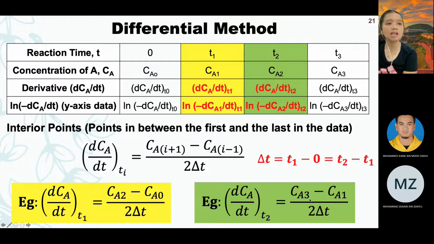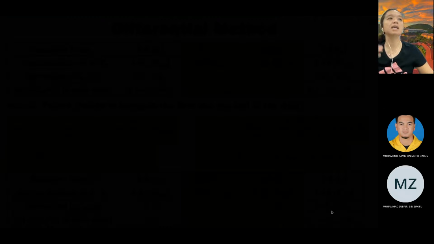So it becomes Ca3 minus Ca1 per 2 delta T. So you can see although I'm using the same formula, the answer will not be the same because I'm taking a different sequence of concentration depending on data mana yang kamu tengah kira dCA per dt dia.